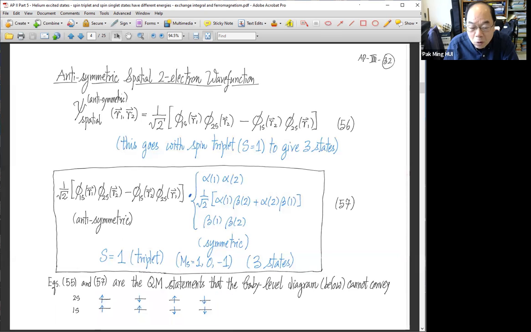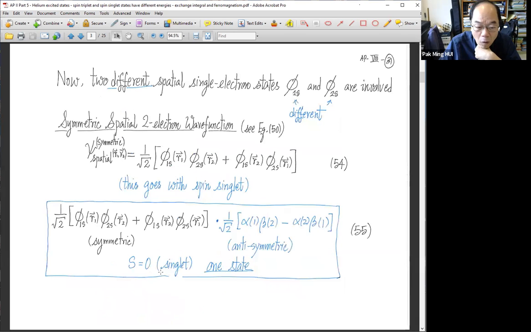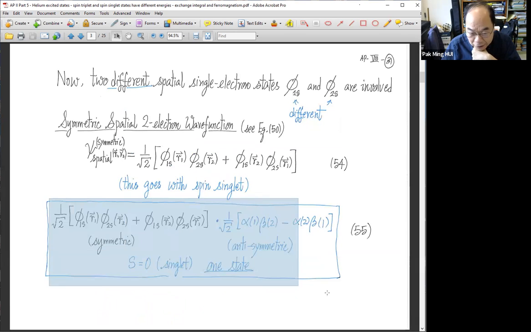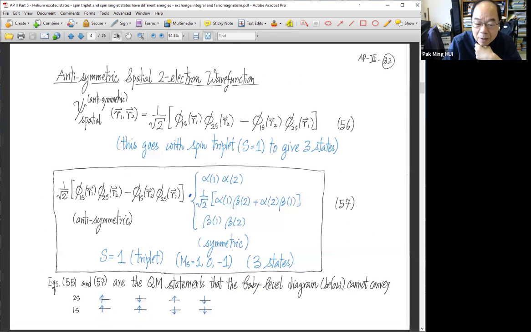But the legal way to write down the wave function to satisfy the general principle that a 2 electron wave function must be antisymmetric, we have these 4 possibilities. All of them obey the antisymmetric requirement because we have one part being symmetric, another part being antisymmetric.